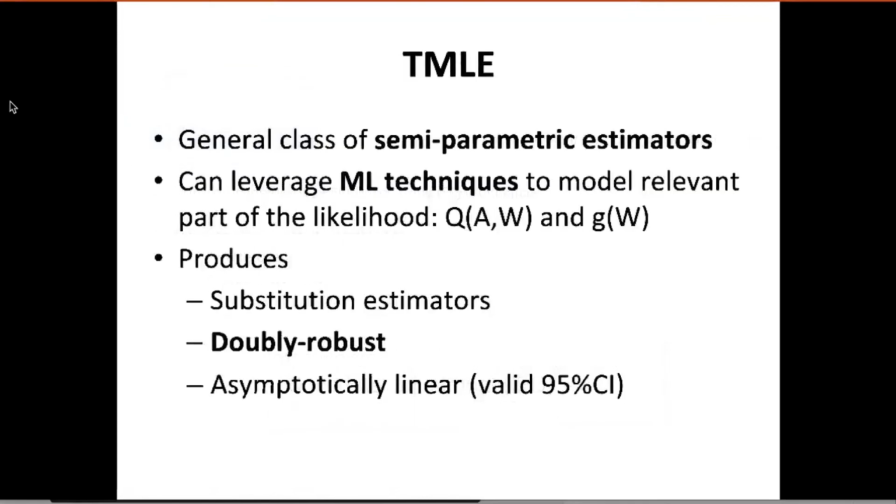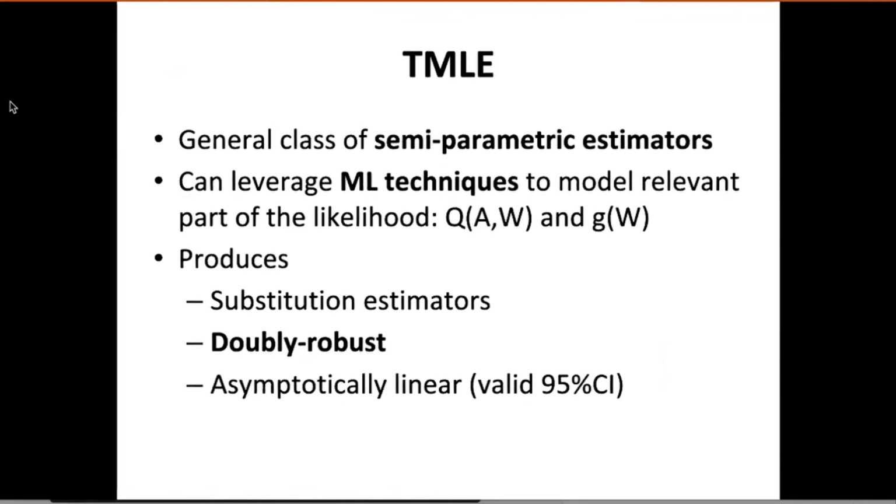So again, I will be very brief because I'm not a technical expert here. But what I can tell you, for those of you who are not familiar with TMLE, is that it's a generic class of semi-parametric estimators that have the ability to actually leverage machine learning algorithms to model some specific parts of the likelihood that are needed to actually build the final estimator.